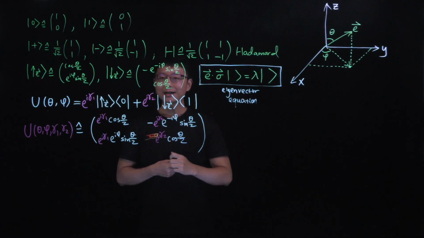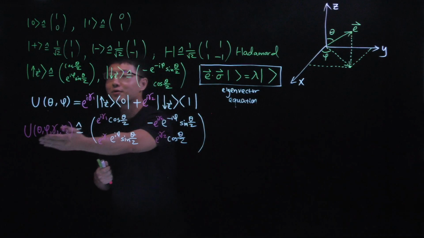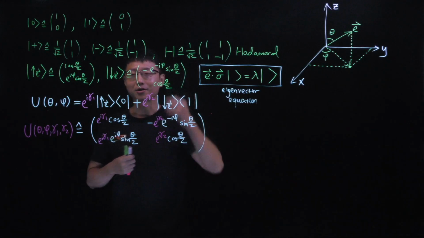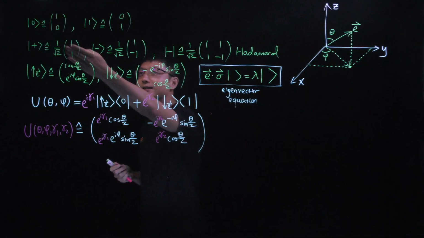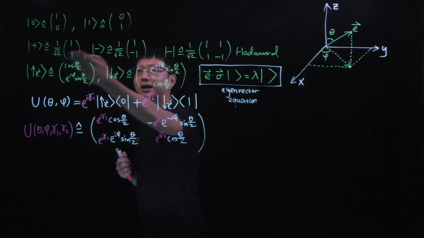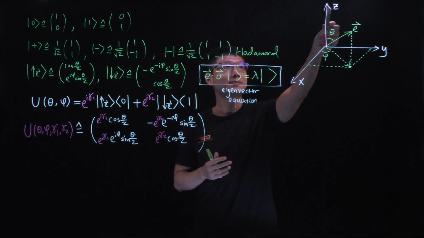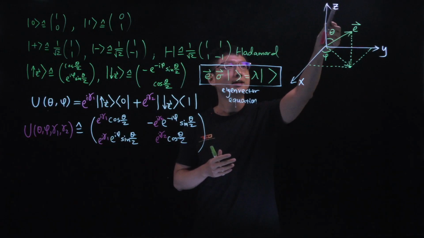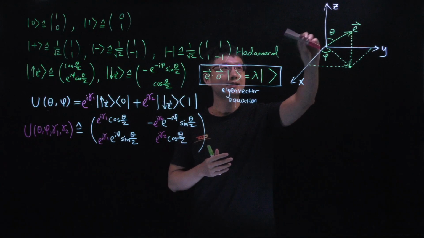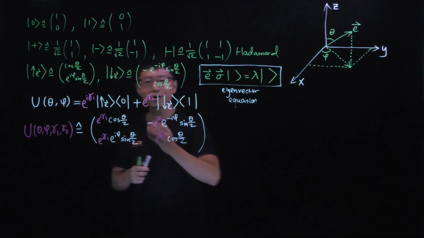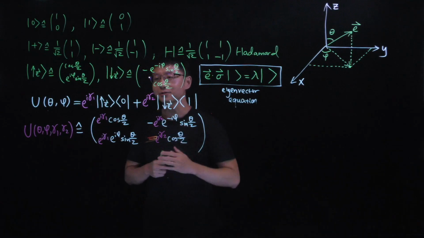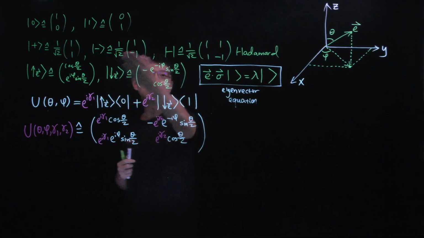Now, as a simple exercise, let's try to relate the most general U with the Hadamard operator. For that, we first recognize that in order to relate the 0, 1 basis and the plus minus basis, from this picture we can see that this corresponds to theta equals 90 degrees and phi should be 0. And what are the corresponding values for gamma 1 and gamma 2 that relate this U with the Hadamard?